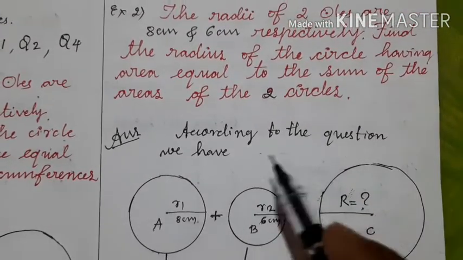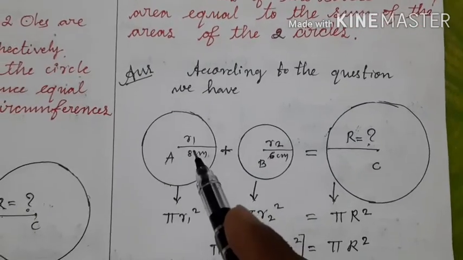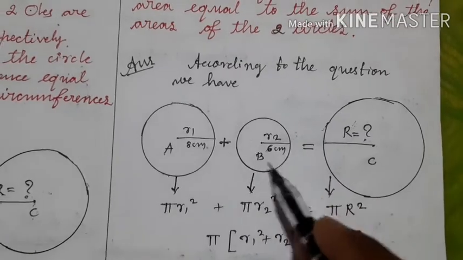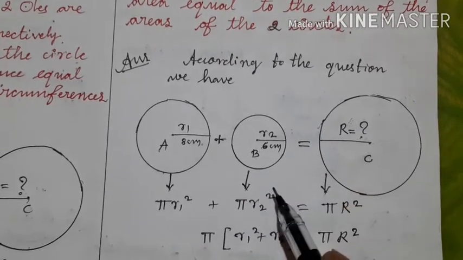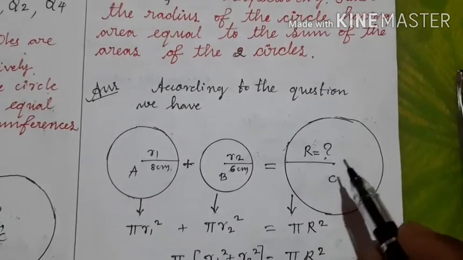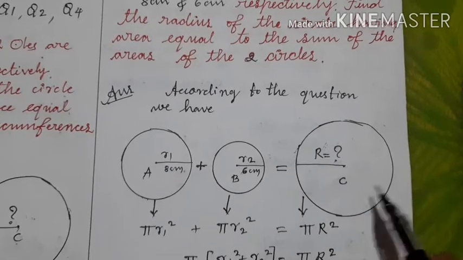According to the question we have, the area of this circle with 8 centimeter radius plus the area of this circle with 6 centimeter radius is equal to what? The sum of the areas of these two circles.